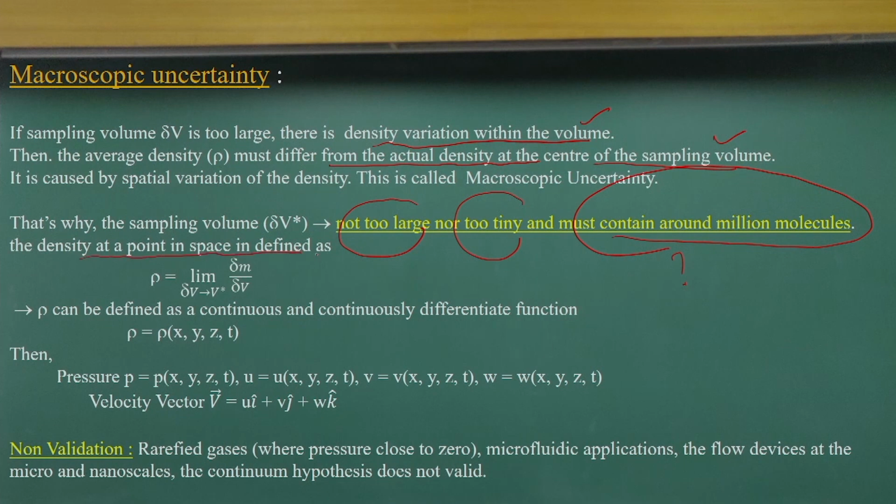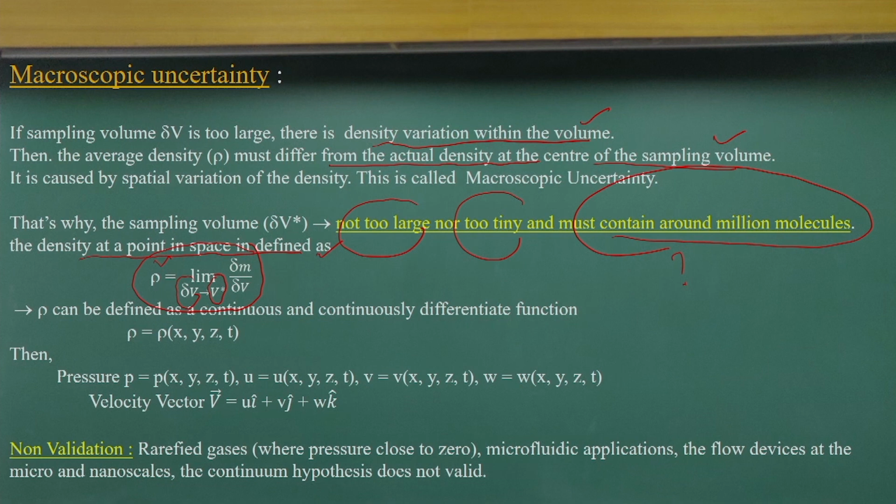So mathematically I can define it: we are looking at the density where the limit is tending, the sampling volume tending toward the limiting volume. That is the density, the property. So we consider there is a density variation, but our sampling volume is close to the limiting condition, which does not have the effect of microscopic or macroscopic uncertainty.